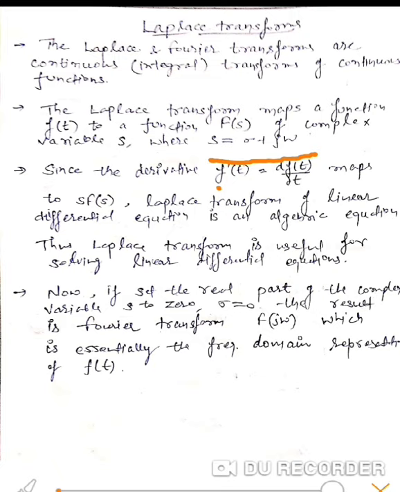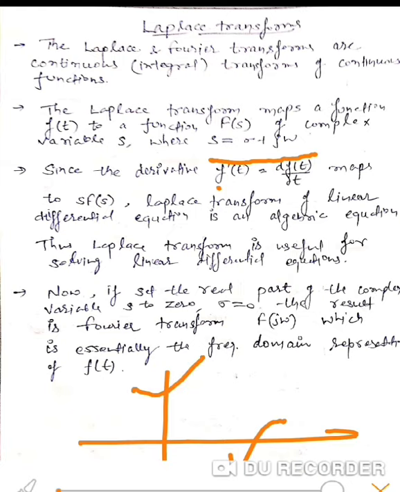So we can show this as the complex variable on an s plane also. This one is the real axis, and this is the imaginary axis.